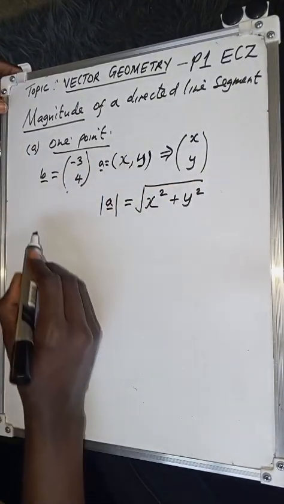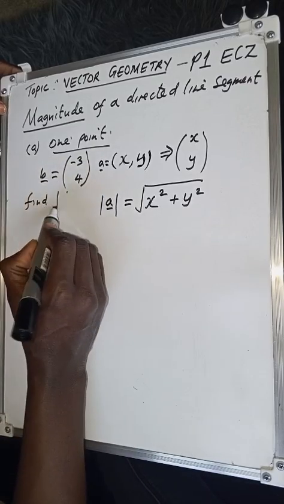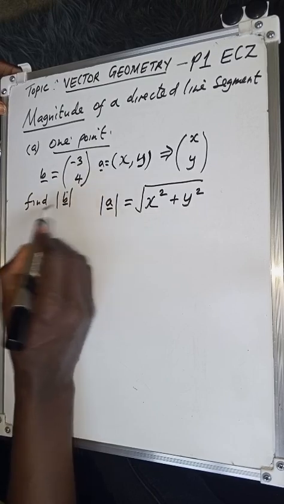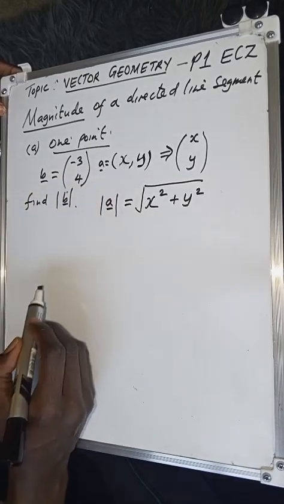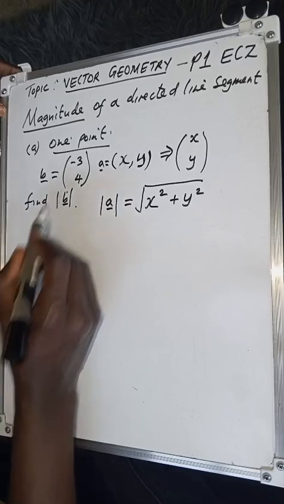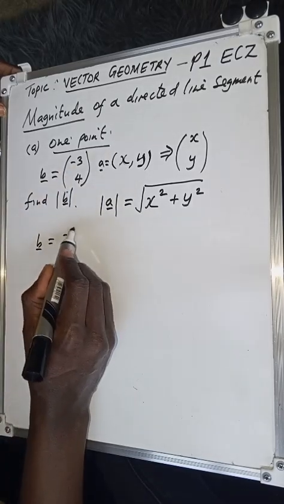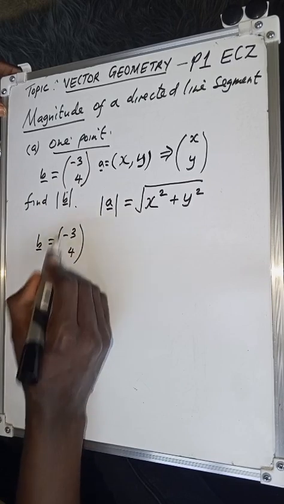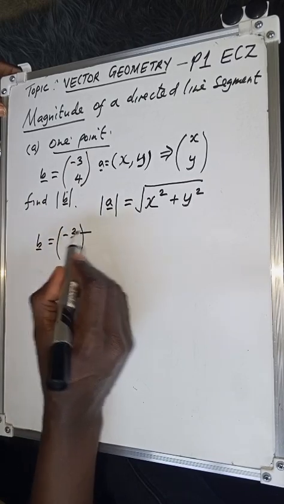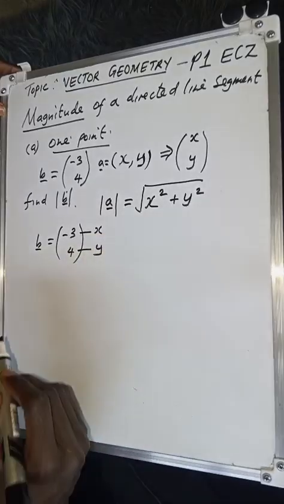For example, if they tell me to find the magnitude of B, they are going to write it that way. How do I go about it? Because the vector b is in the form -3, 4 in column form, remember this -3 is representing the value of x and that 4 is representing the value of y.